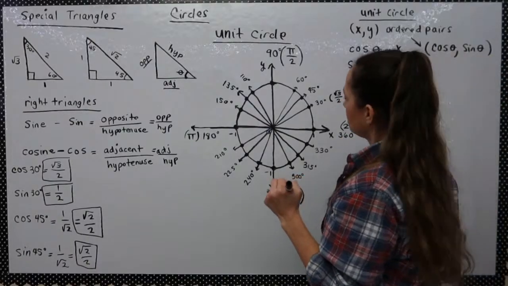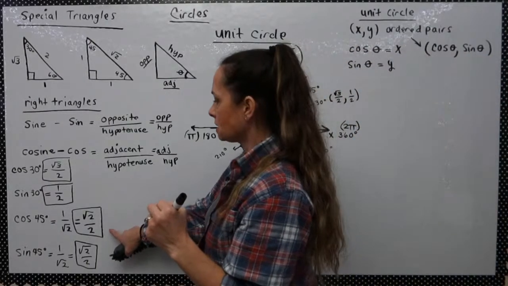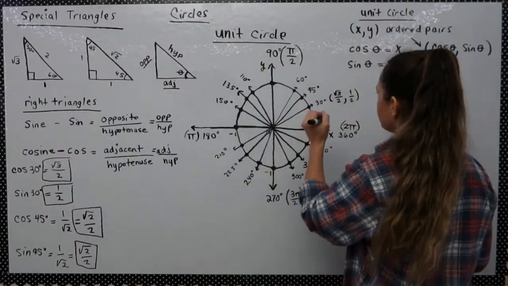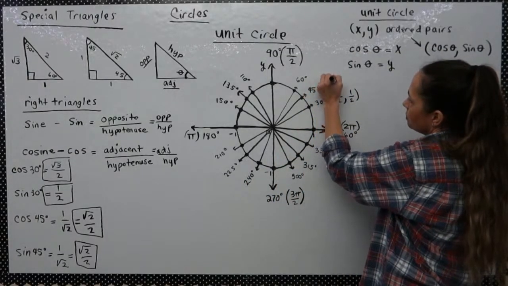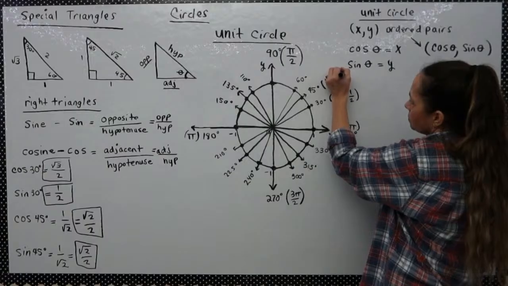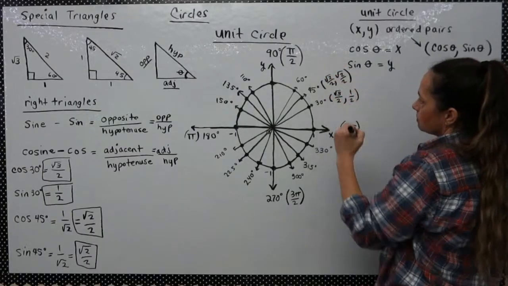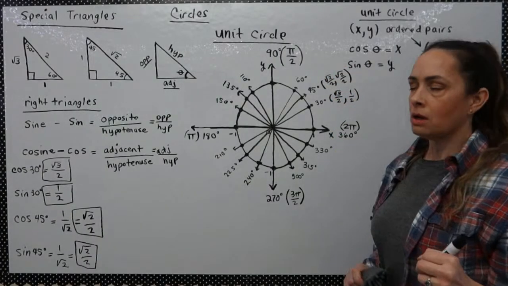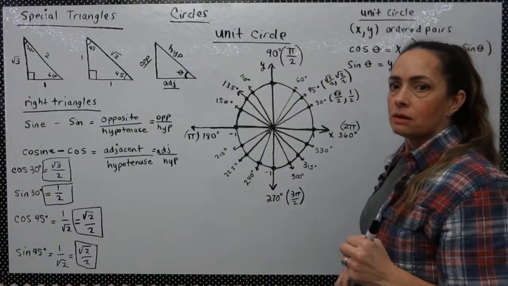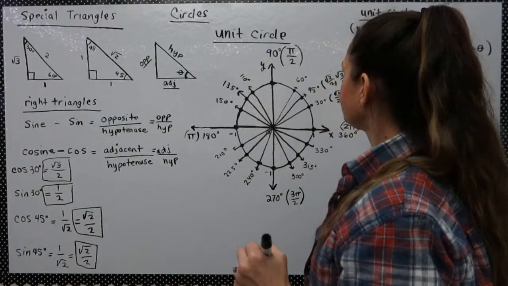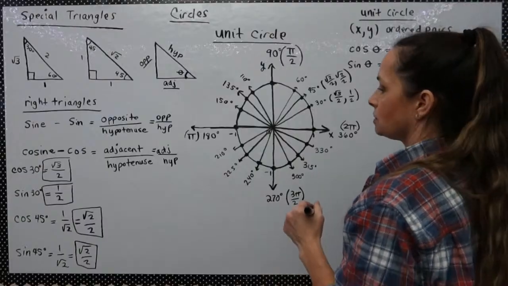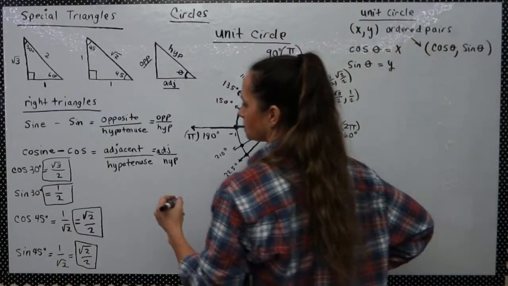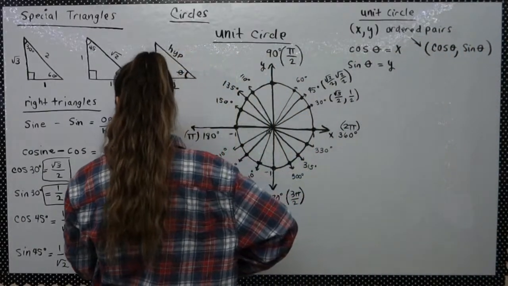And for 45 degrees, it's going to be radical 2 over 2, radical 2 over 2. And for 60 degrees, we didn't calculate 60, we'll do it real quick.